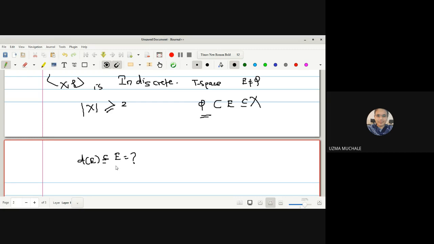For the indiscrete topological space, let (X, τ) be an indiscrete topological space, where τ is equal to {phi, X}.